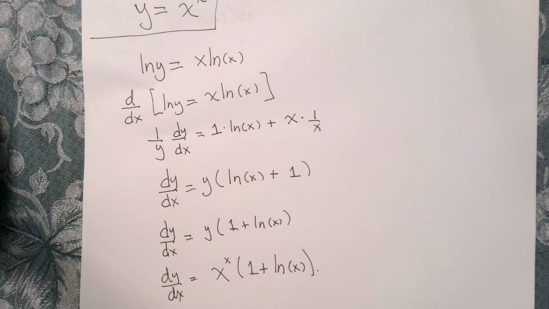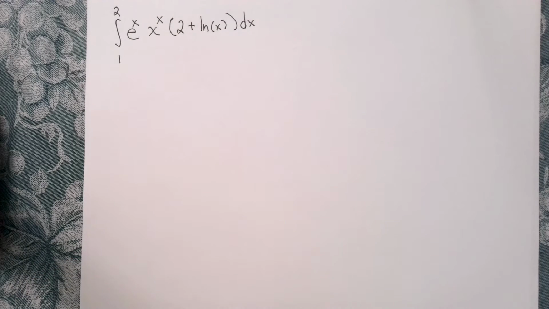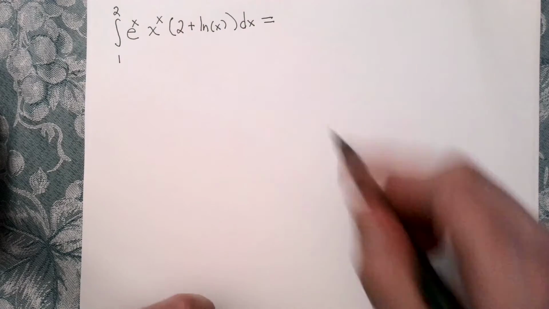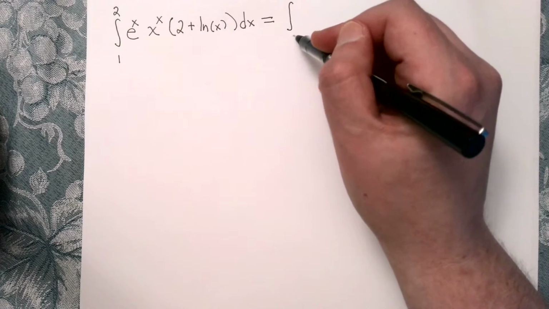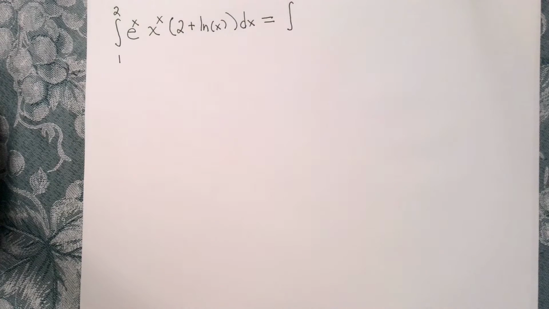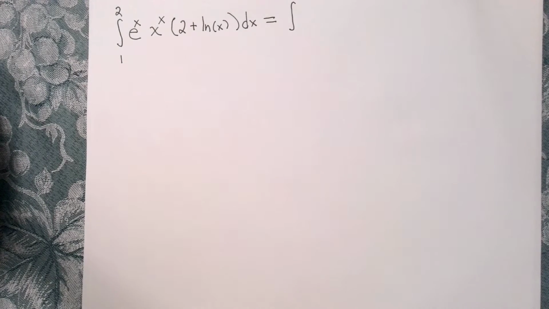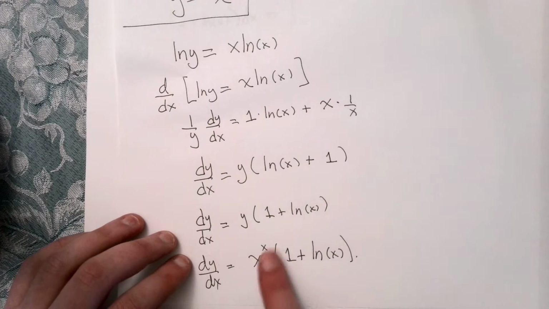Okay, so with that said, let's go ahead and take a look at the integral. So the first thing that I want to do, and you're going to see in a moment why, is split up the 2 into 1 plus 1. And you might have an idea, to be honest, because previously in our derivative, we found this.